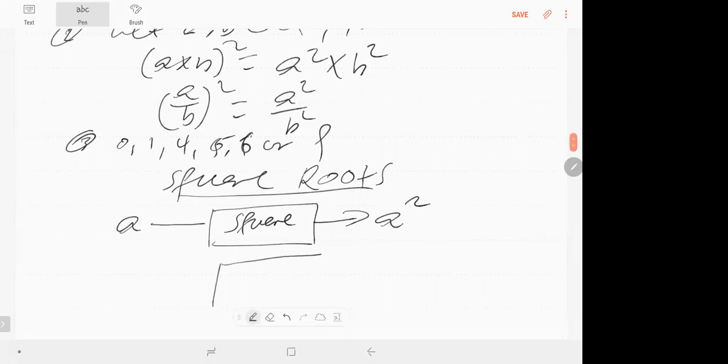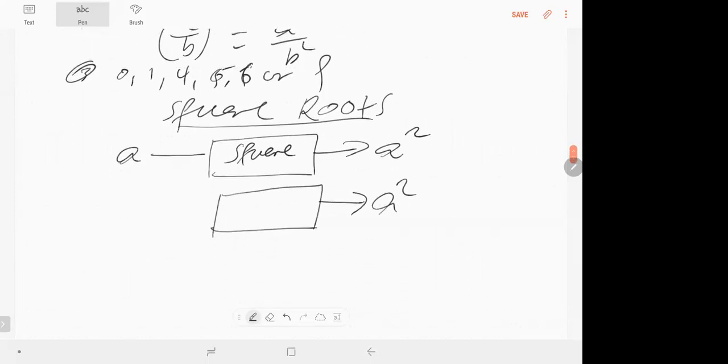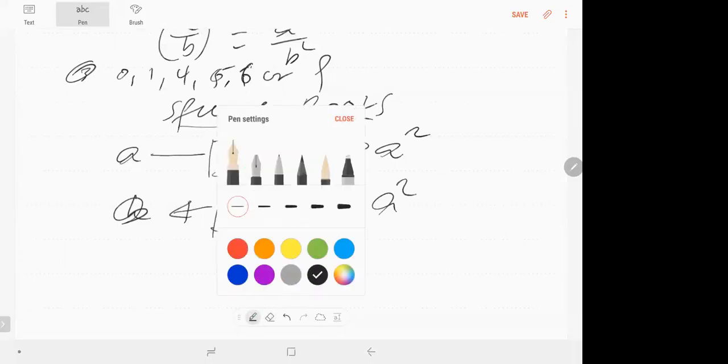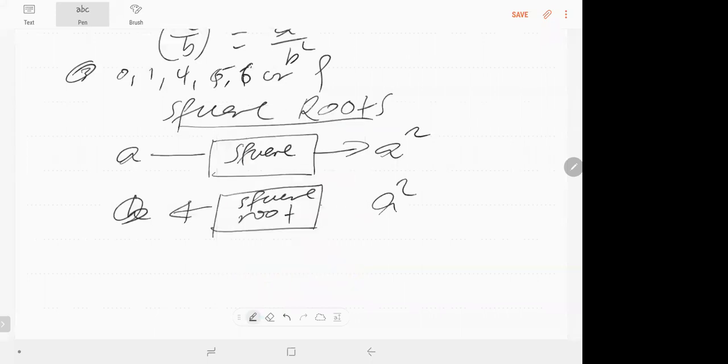Now let us take this a square and pass it through the process of square root. When we take the square root of the result a square, we get again a.